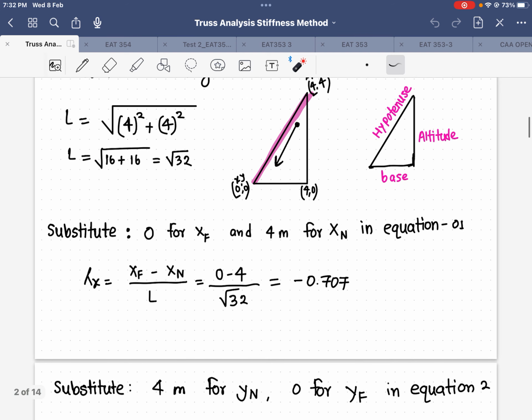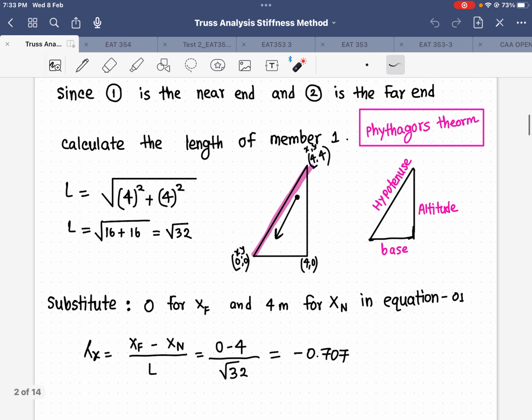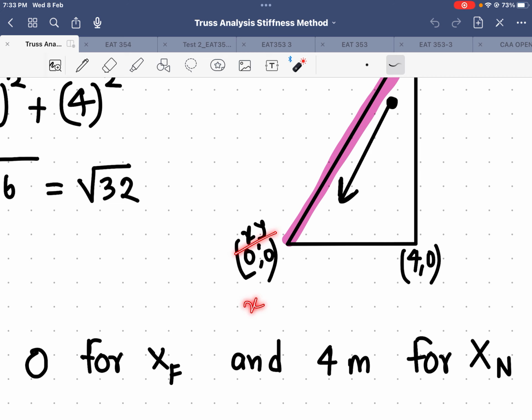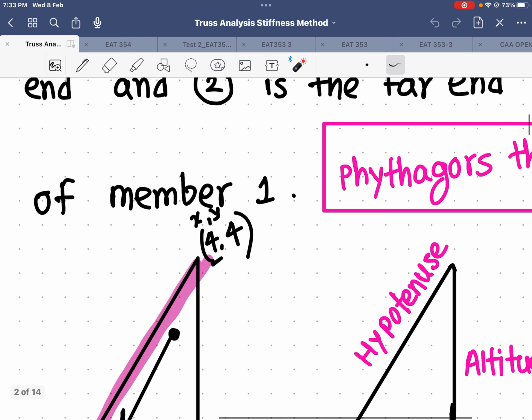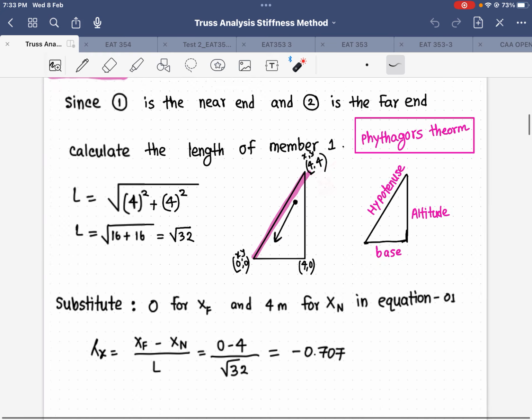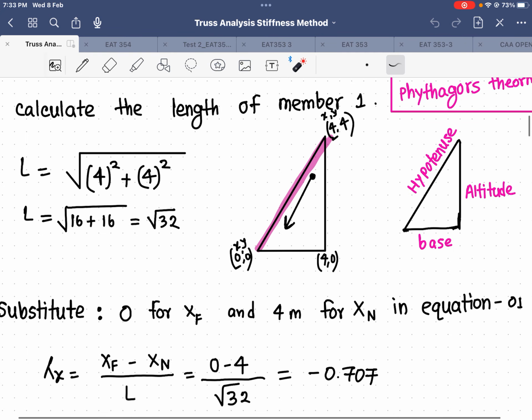Now from O, 0 for the x far. This is the near and this is the far. Here we also have x and y coordinates, and for this point it is far and this is the near. The far x is 0, and this 4 we consider as near x.